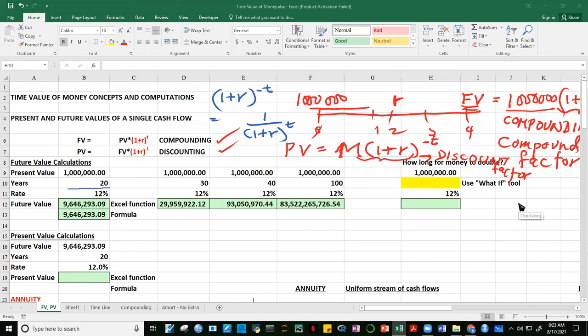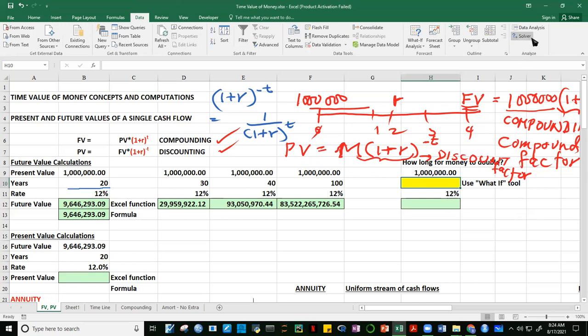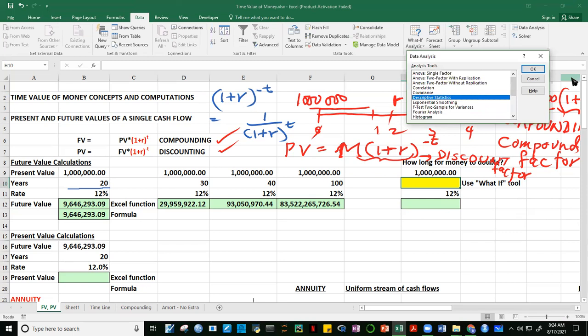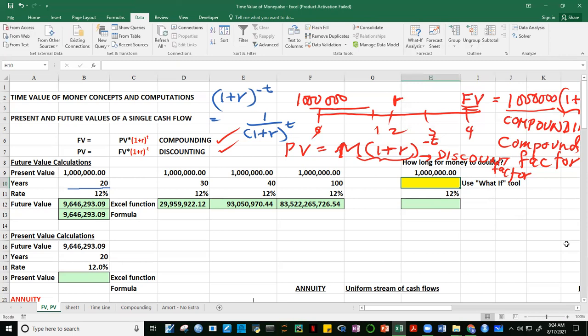Okay, so paano yung goal seek natin? Data, then data analysis. So, pero bago yan guys, paano muna natin gagawin? 12% yung rate, no?